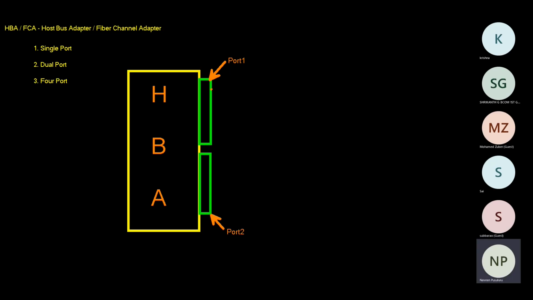In each and every HBA port, again there are two components. One is a transmitter, and the other is a receiver. The same thing here on port 2 as well: one is a transmitter, another is a receiver.